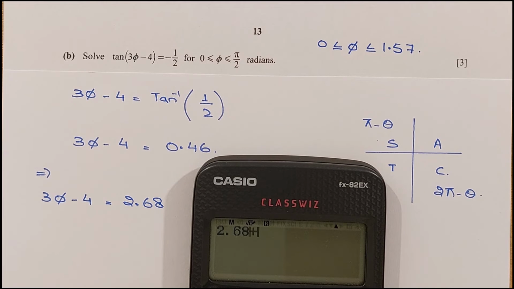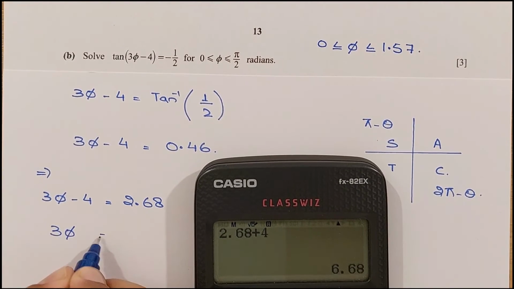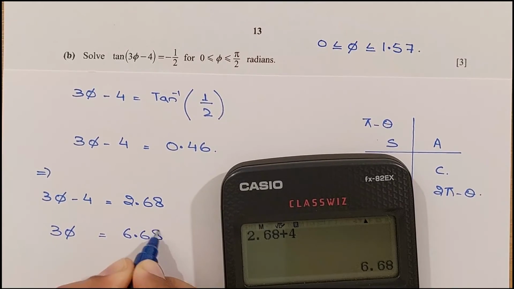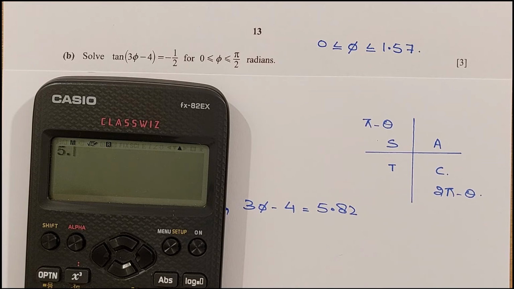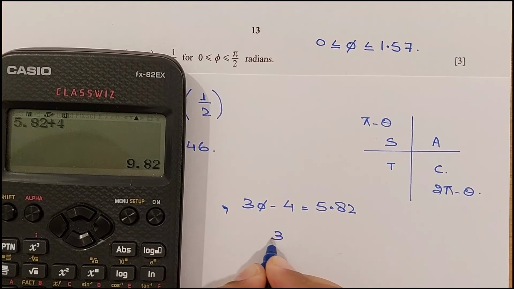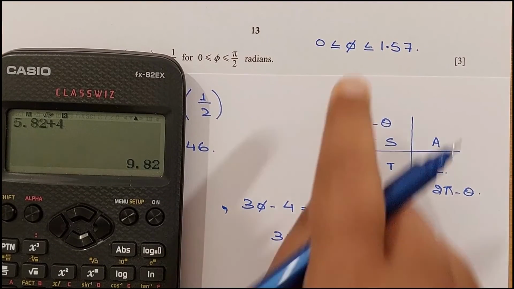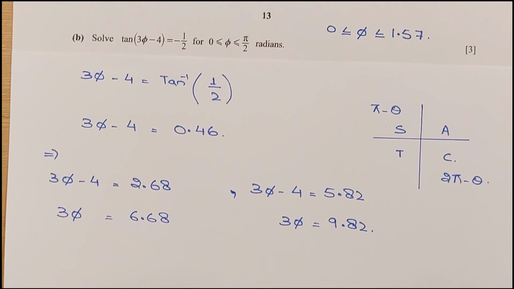Now let me add 4 in these two values. 2.68 add 4, so 3 phi is 6.68, right? And the other is 5.82 add 4, 3 phi equals 9.82, right? So we have given the domain of phi. Let me find the domain of 3 phi, right?